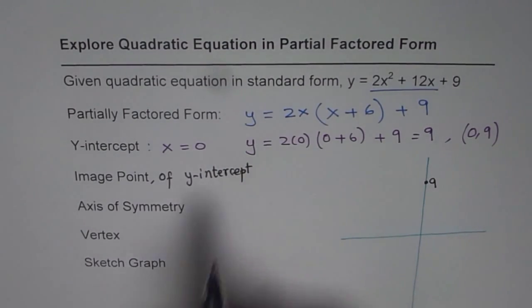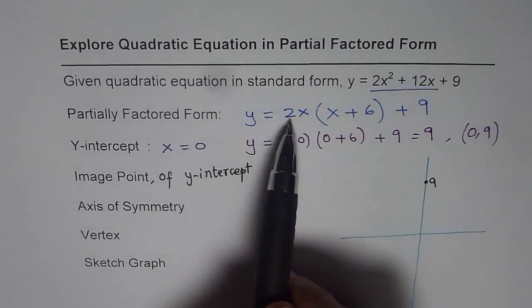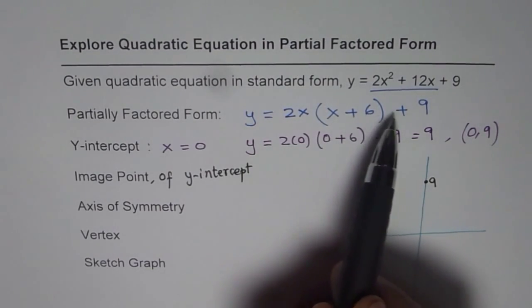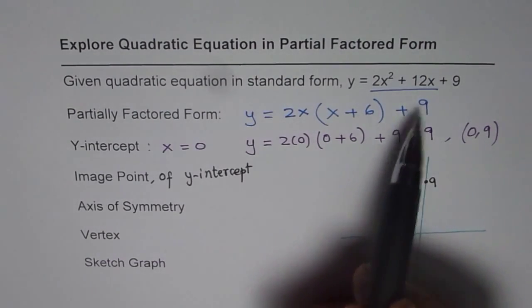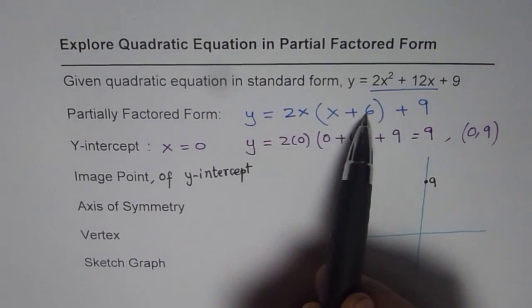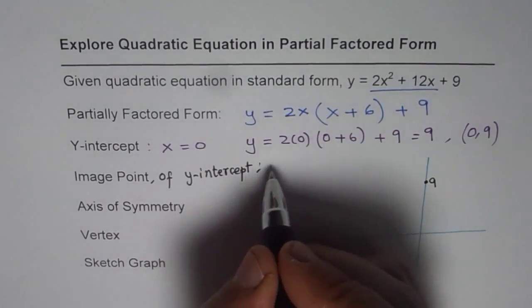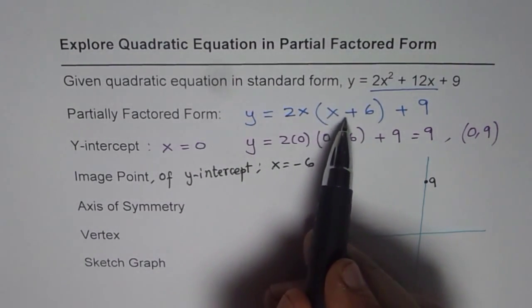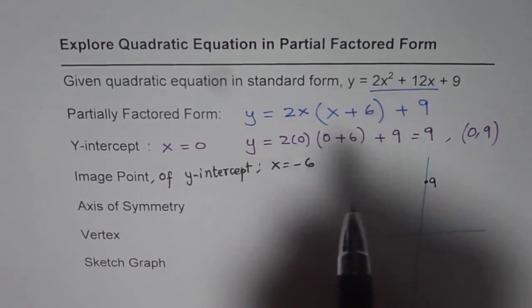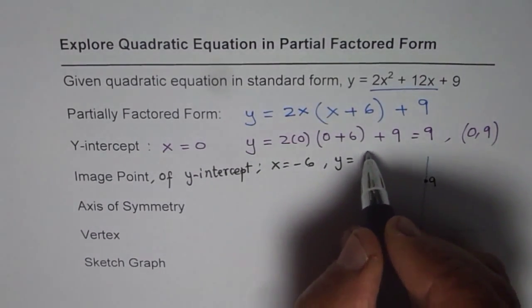How will you find that? Now if you see the equation, 2x times (x plus 6) plus 9. When x was 0, y is 9. How about when x is minus 6? If x is equal to minus 6, then also the second factor is 0, so y will be plus 9.